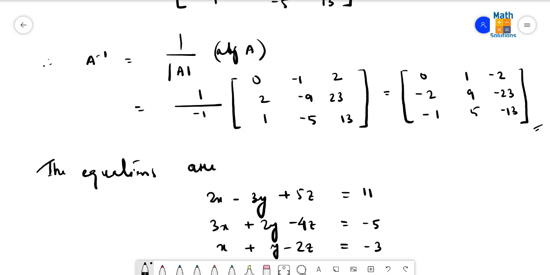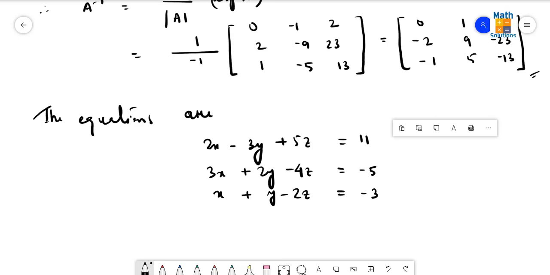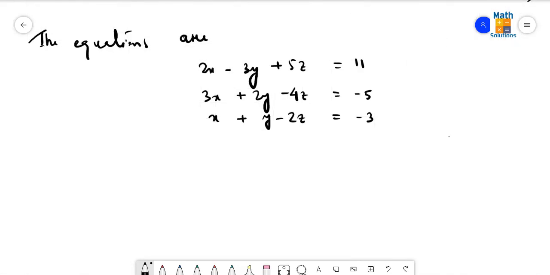The coefficient matrix here is exactly similar to that of the first part of this question, which means the value of A is the same as the coefficient matrix of the system of equations.